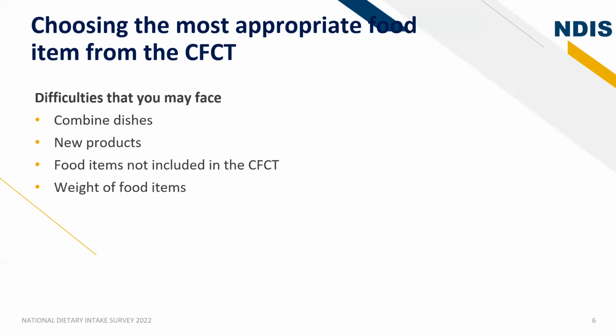And then the weight of food items, especially food items, say from fast food vendors that are not our main vendors, the cafe on the corner, or smaller shops that sell takeaway foods, fast foods, and you have to go and purchase those foods, take them apart, and then also weigh them.